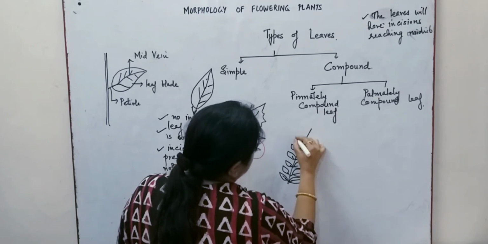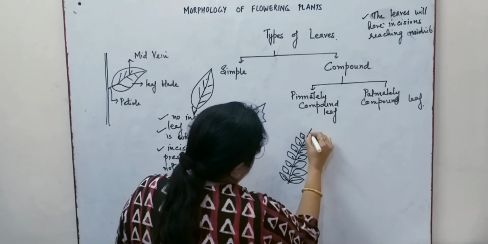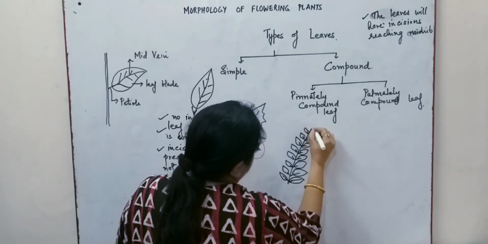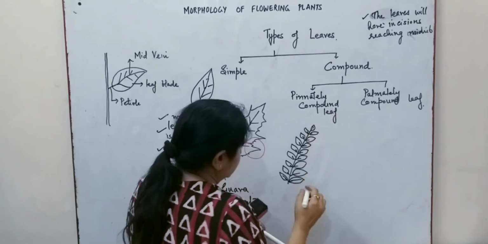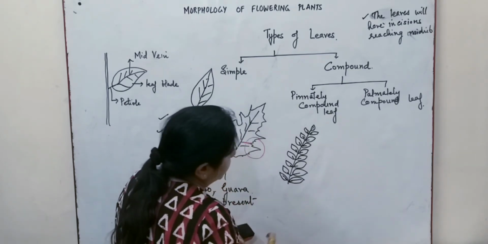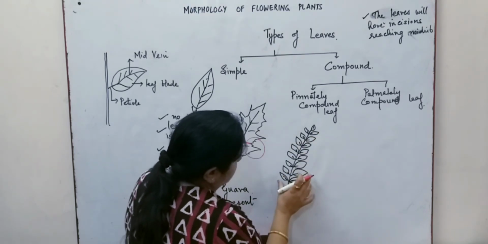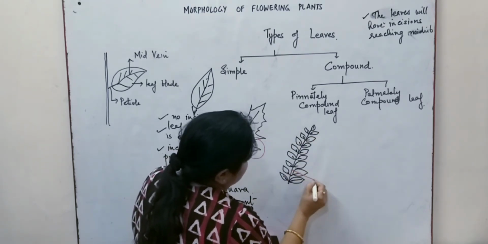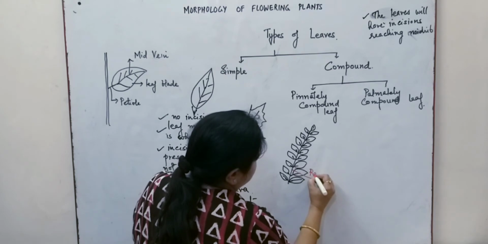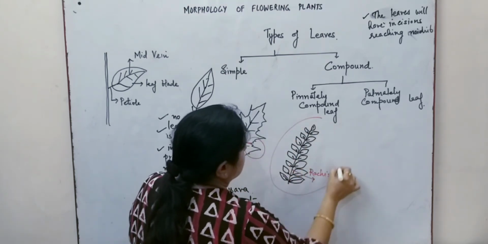Now, this structure which I am drawing is an entire leaf. The point at which all of them are held together is known as rachis. And this entire structure is a leaf.